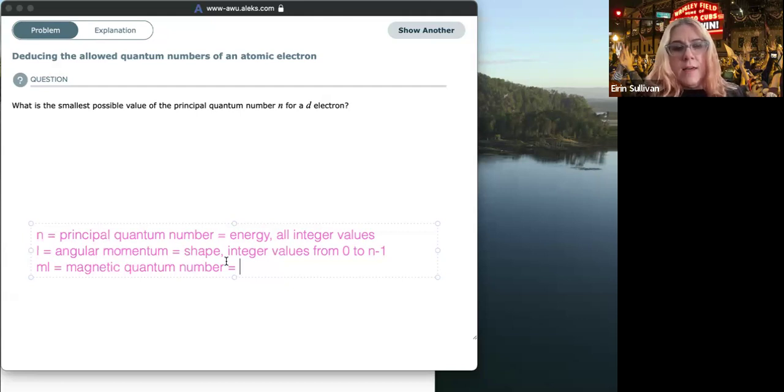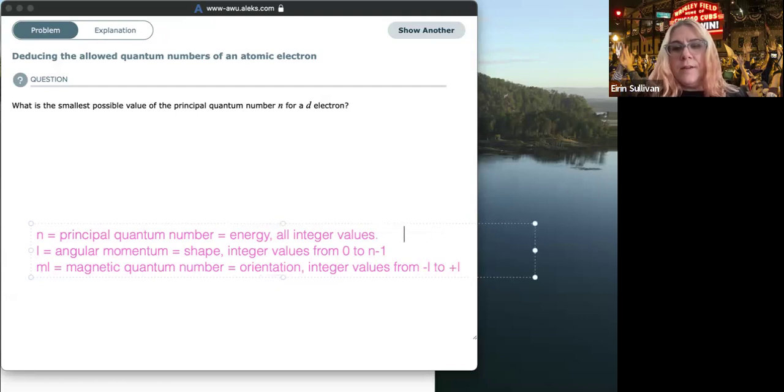And that will take integer values from minus L to plus L. Okay, so it basically tells you the orientation in three-dimensional space of the different orbitals that there may be. So that can take integer values, including 0, from minus L to plus L. Again, you have to know what L is in order to define the possible values for ML.